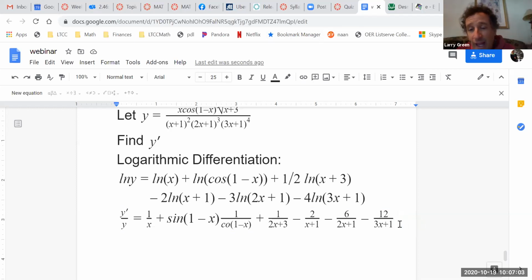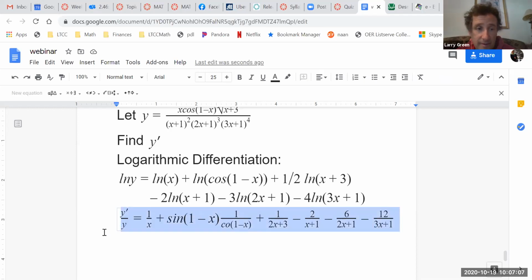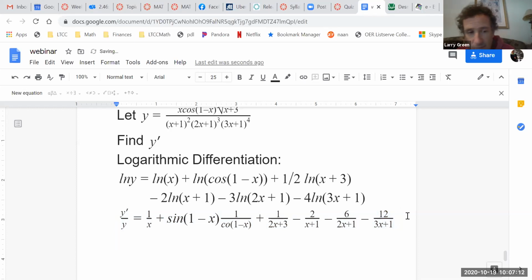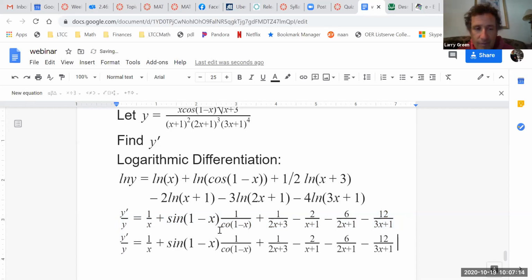All right, there's one last step to get y prime by itself. What do we have to do to get y prime by itself? Multiply everything by y. Right.